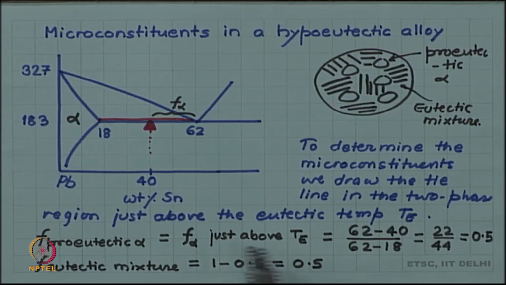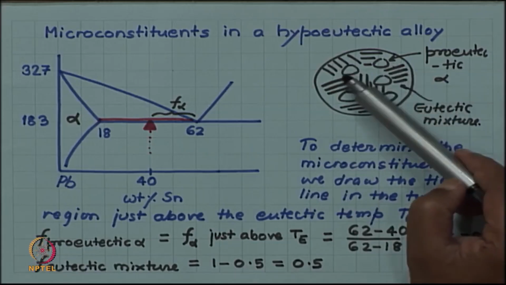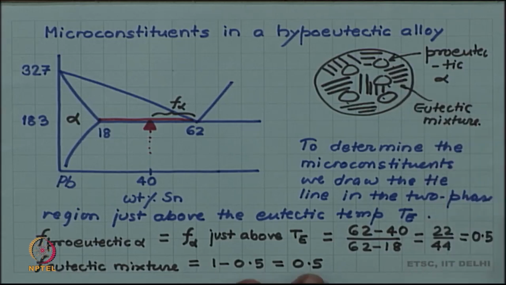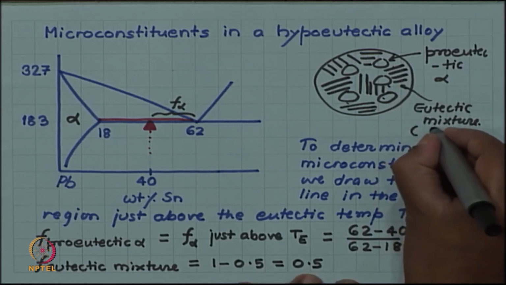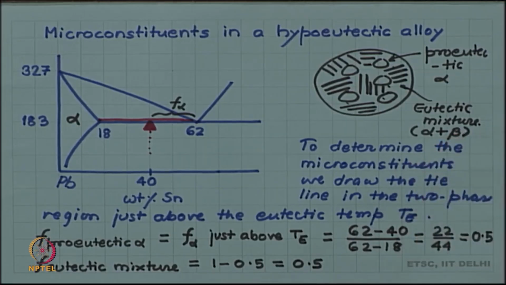Recall that the fraction of pro-eutectic alpha is not the fraction of total alpha in the alloy, it is only the fraction of alpha which is as the pro-eutectic phase, because the eutectic mixture is also a mixture of alpha plus beta. So, total alpha in the alloy will be more than the amount of pro-eutectic alpha.